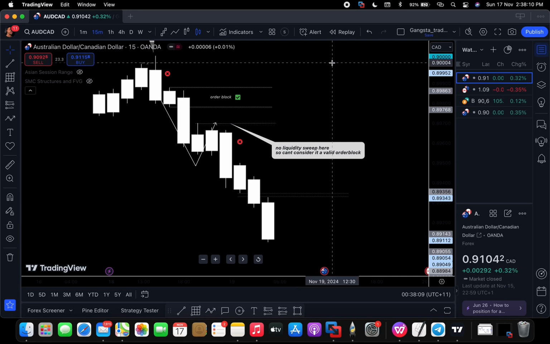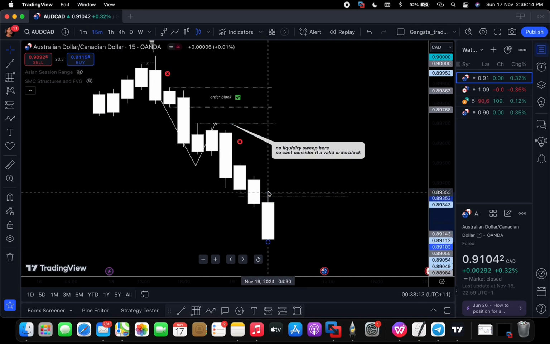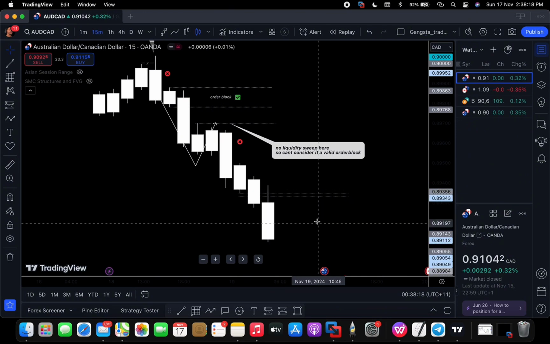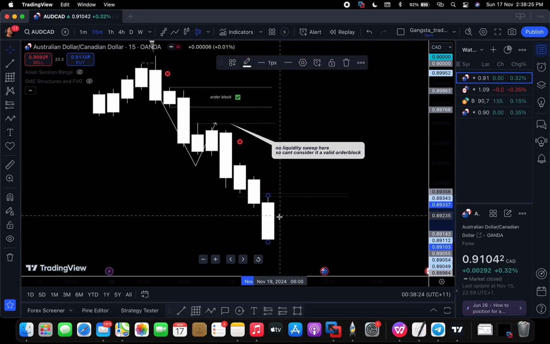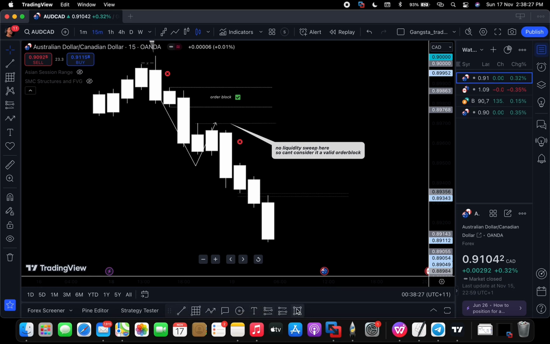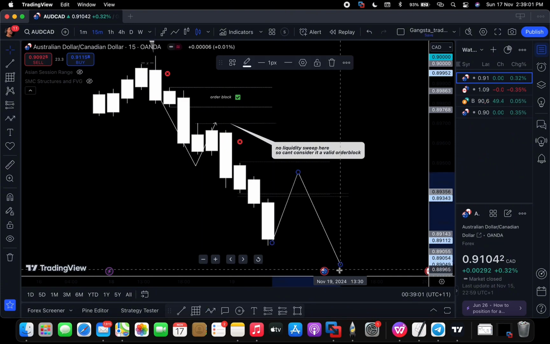But conversely, if we had price move further into this zone like this, then there's no imbalance here. So by marking your order block for entry, you might want to mark this point here, move into our order block here, and continue to the downside, right?